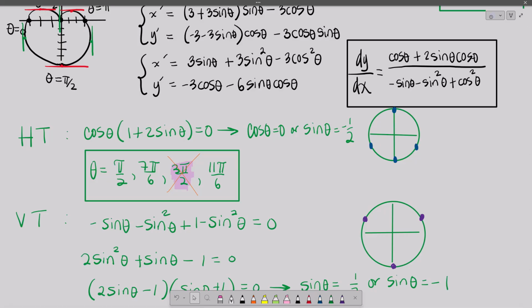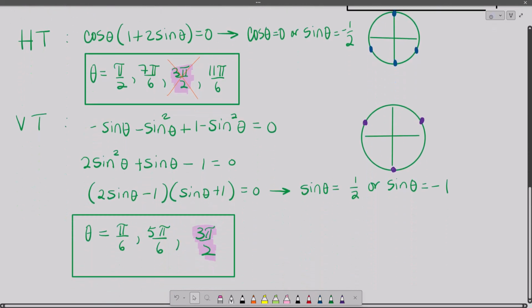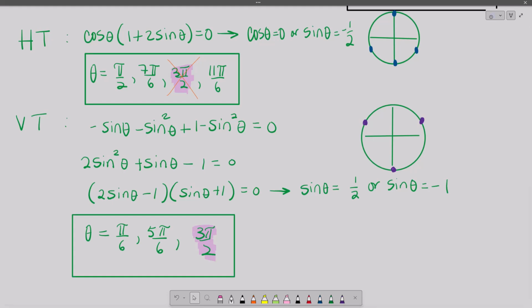So what we would have to do is take a limit as theta approaches 3 pi over 2. And if you take the limit of that as theta approaches 3 pi over 2, you are going to end up getting a vertical tangent. You're going to end up getting the derivative to be undefined.